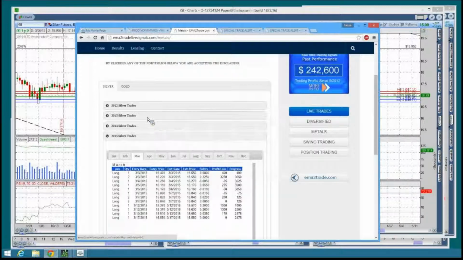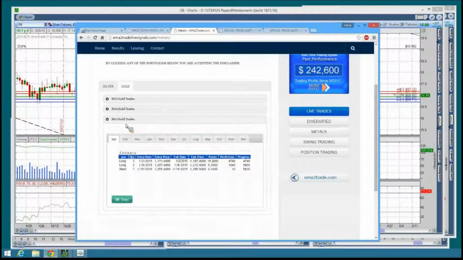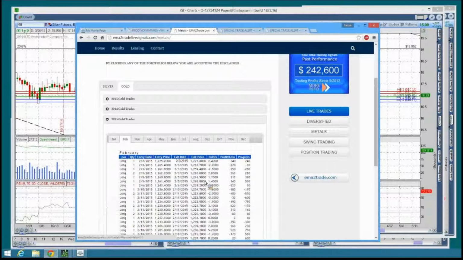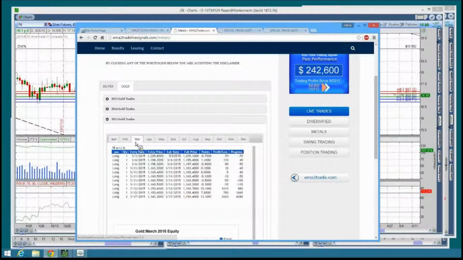So we document pretty much everything that we do in relation to the actual day trades. Like here, for example, in the gold market, in January we produced $5,800, February $3,710, and in March $4,280.